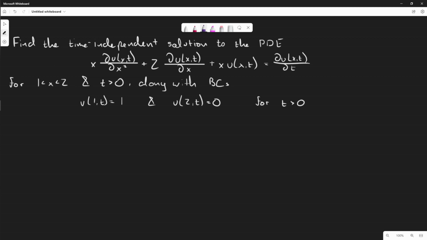And so we're going to check the conditions. Obviously the easiest one is looking at the boundary conditions, and as we can see, we have u of 1,t equaling 1, which is not equal to 0, therefore this is non-homogeneous, and so a time-independent solution, which we're going to call u_e of x, could exist.